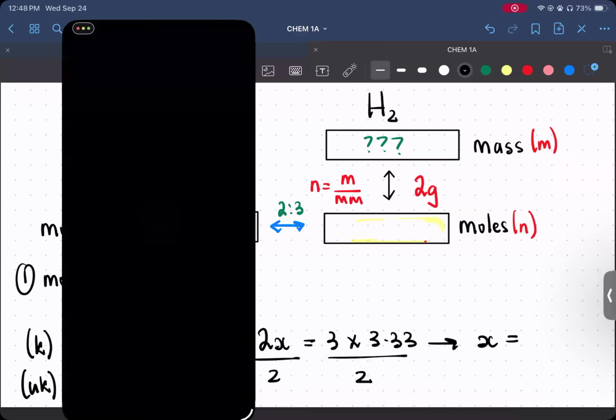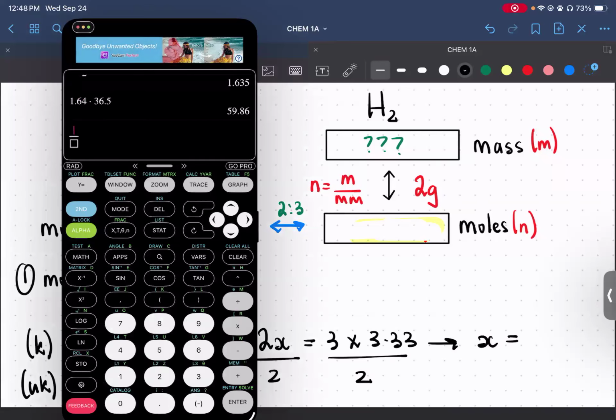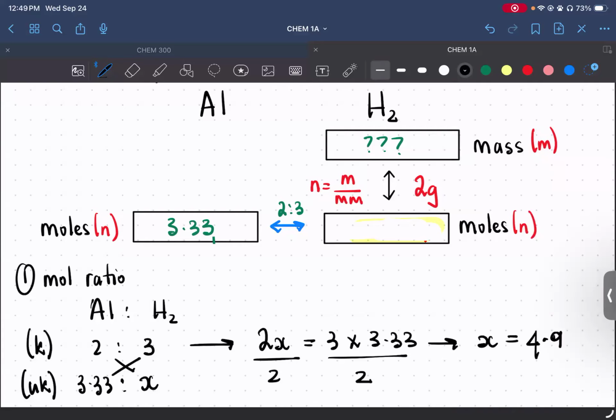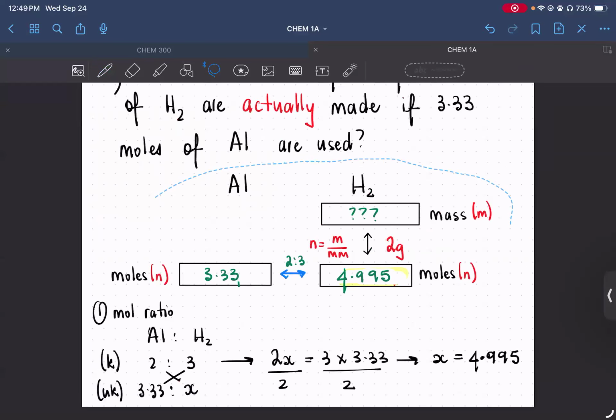If we put this into our calculator, 3 times 3.33 divided by 2, that gives us a final answer of 4.995. We plug that in to the chart so we can keep track of it.